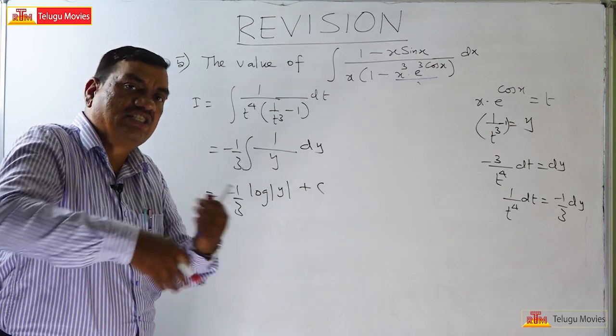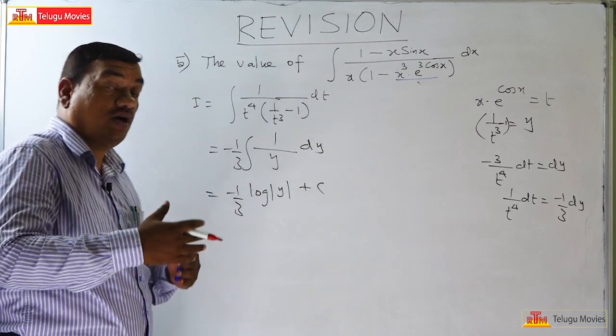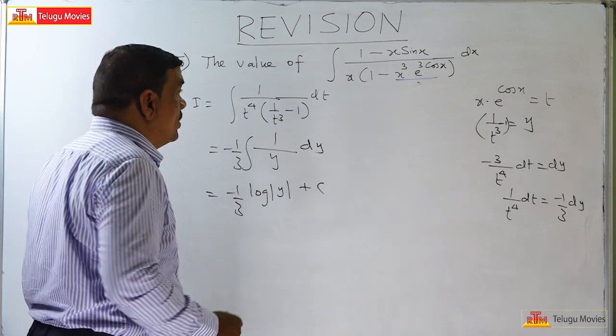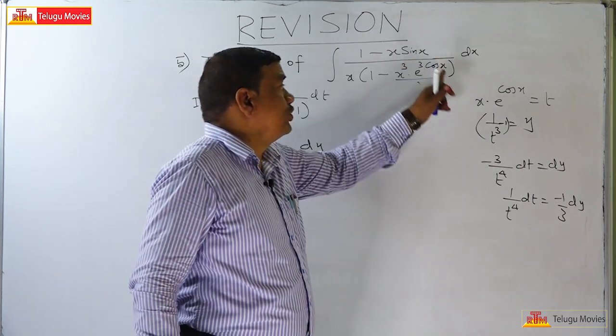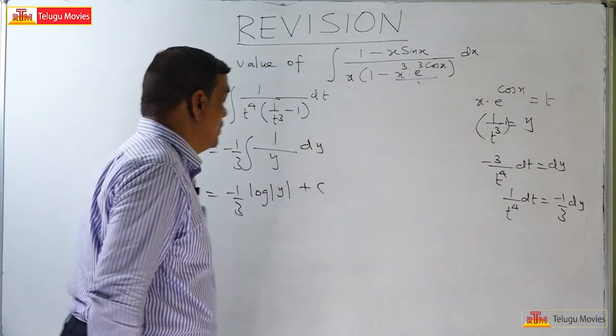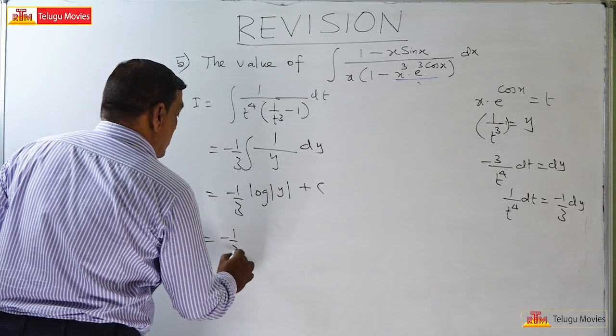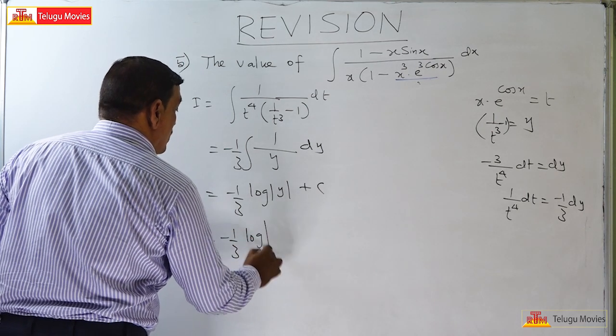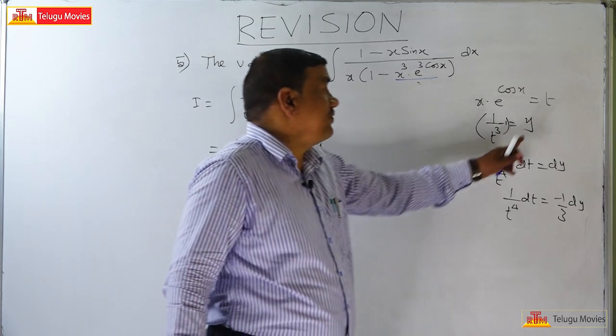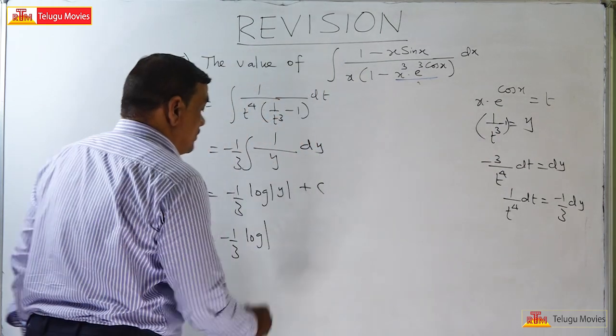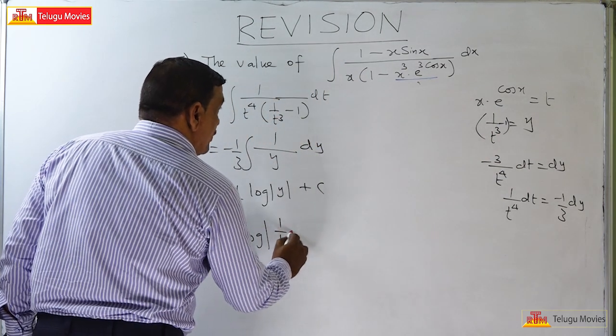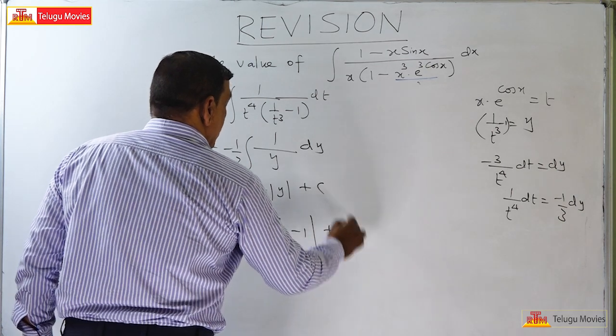Now it's resubstitution. We are going back to the original problem, so our answer should be in terms of x. So resubstituting, minus 1 by 3 log of modulus of y, and y is nothing but 1 by t cube minus 1, plus c.